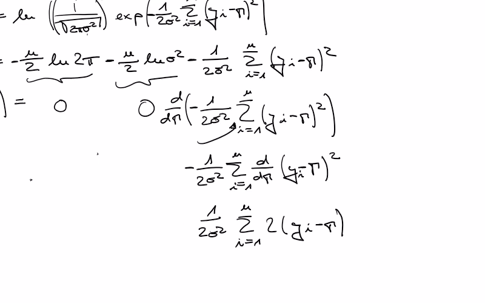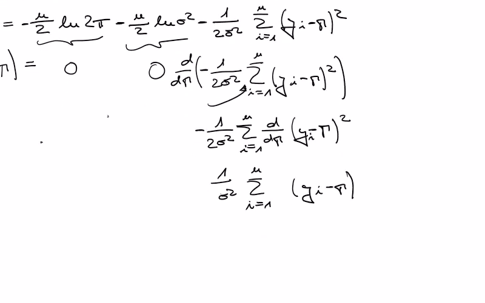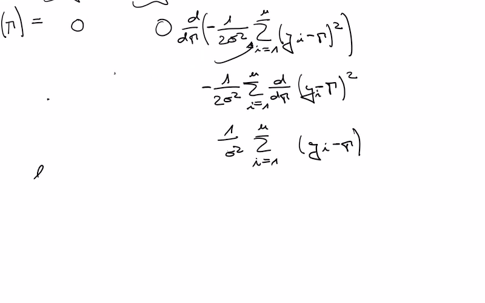And then, because of sums, you can take the 2 out of the sum, and end up with this. That is a mathematical detail, but what comes out is that the derivative of the log likelihood function for this case is given by this.